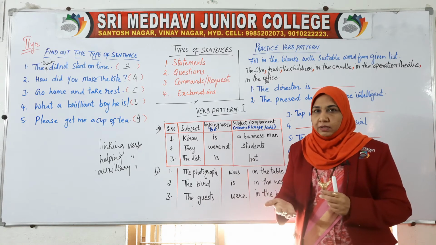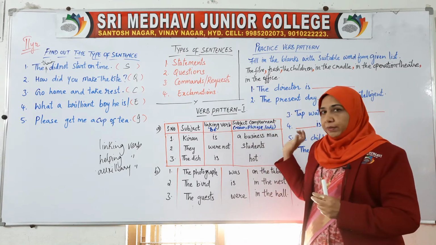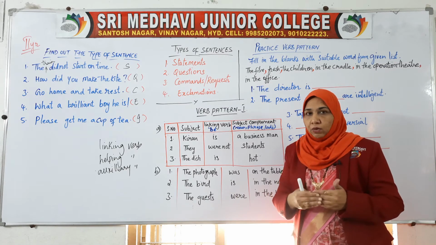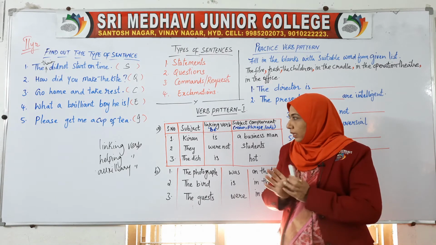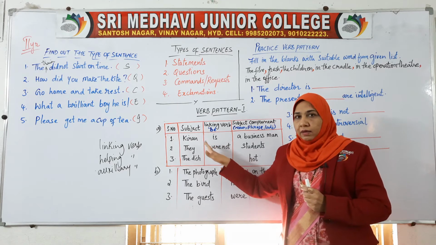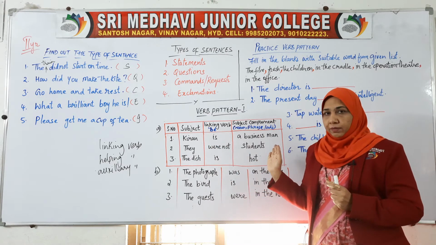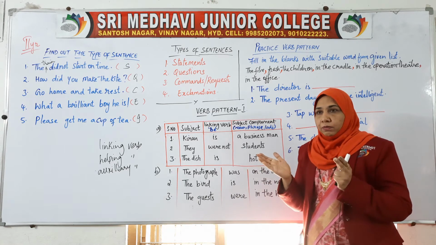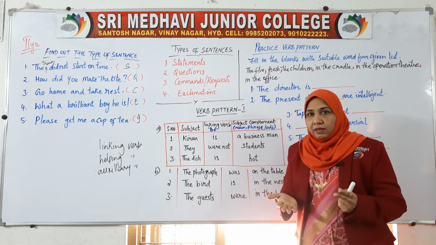That is a compliment. But this is complement, which shows the improvement or a better quality for that. You can say, what is Kiran? Kiran is a businessman. Making it clear, clarifying the sentence.